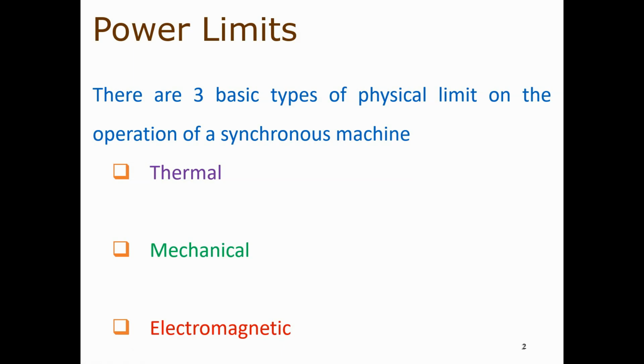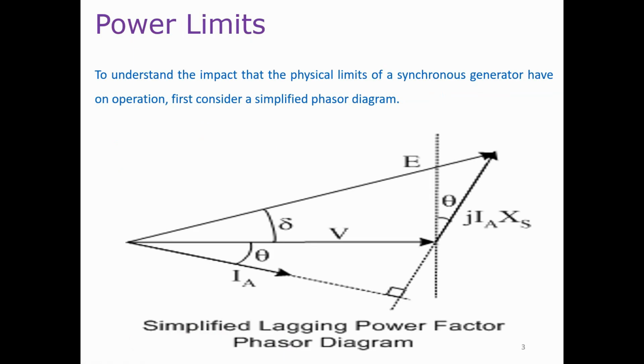They are the physical limit beyond which the machine may get damaged or it is not possible to give the input or take the output beyond this maximum limit, and these are the physical limit of the winding, physical limit of the prime mover, physical limit of the electromagnetic torque. So these power limits are basically classified into three categories, that is the thermal limit, mechanical limit and electromagnetic limit.